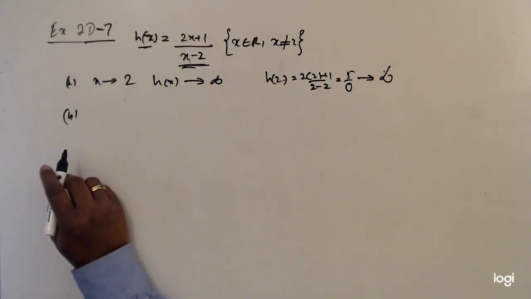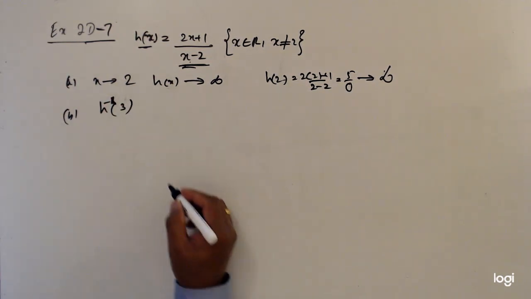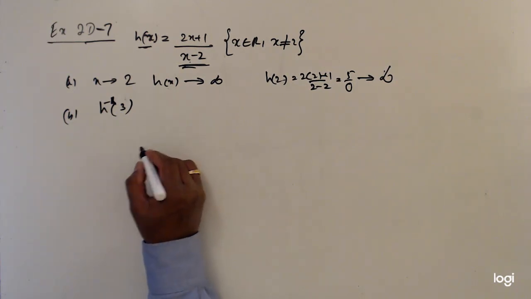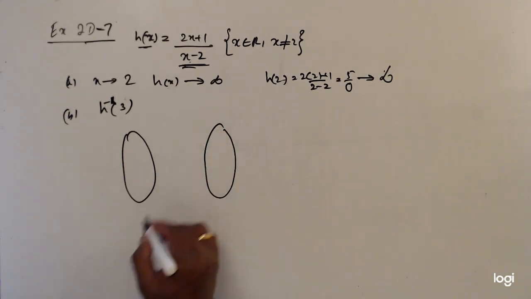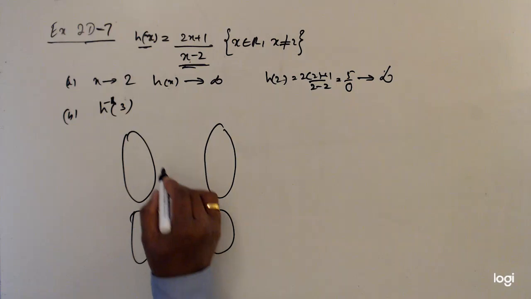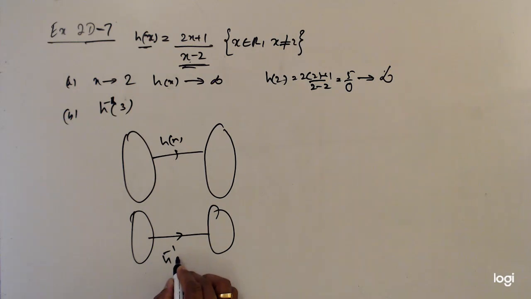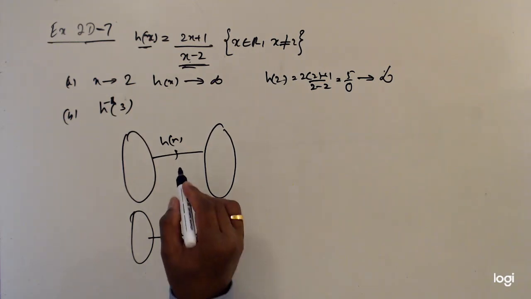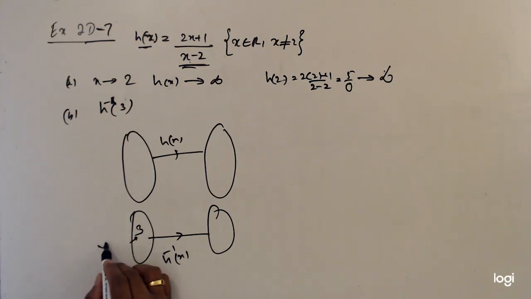And part B, find h inverse 3. Now this is hx and this is h inverse x. I want to put the value 3 here, h inverse 3. When x equals 3, we will get h inverse 3.